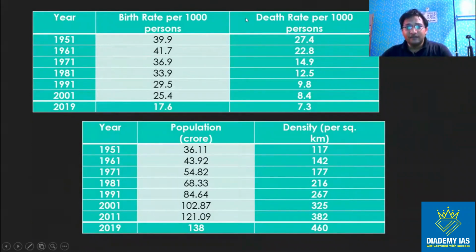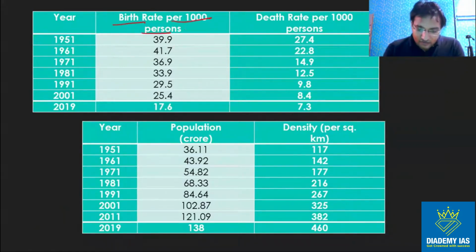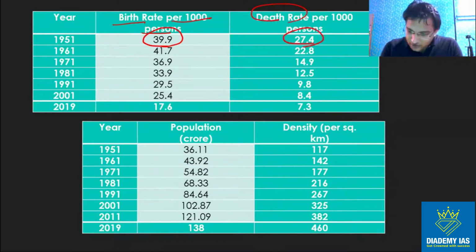Now this is the data. Birth rate per 1,000 person. In 1951, at the time of independence, it was 39.9. Death rate was 27.4. So how much was the growth rate? It was approximately 12.3. ठीक है?